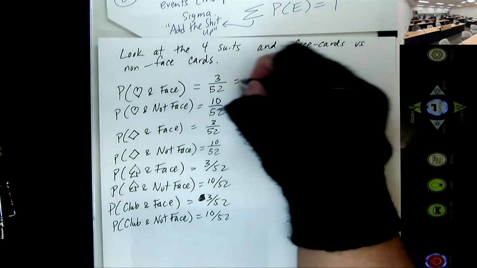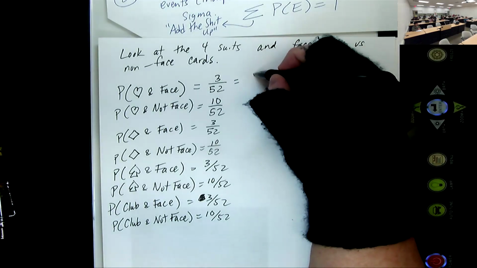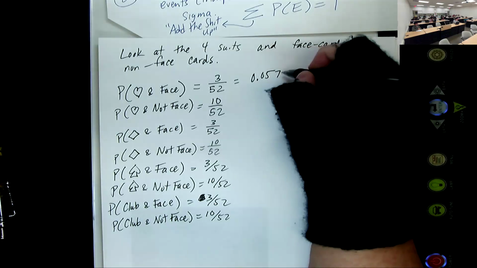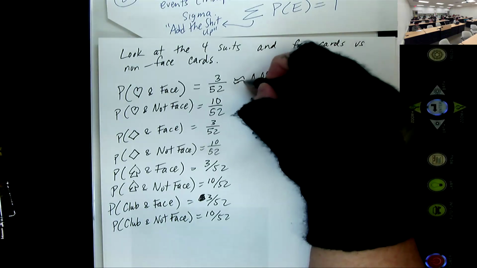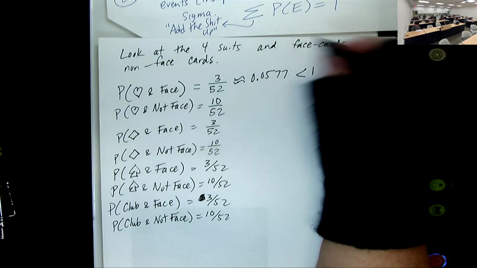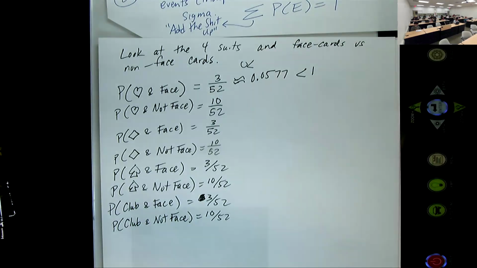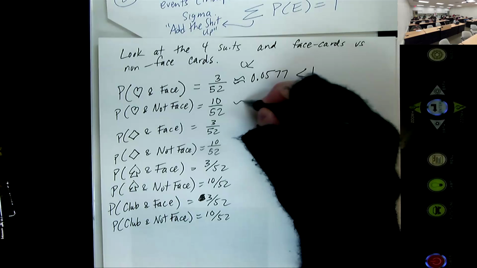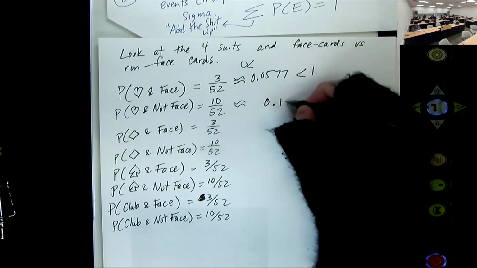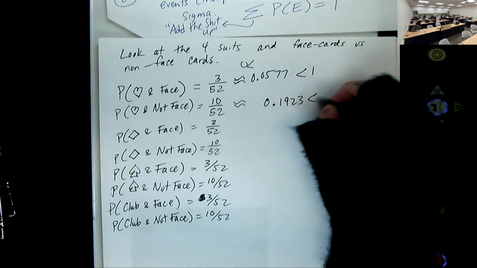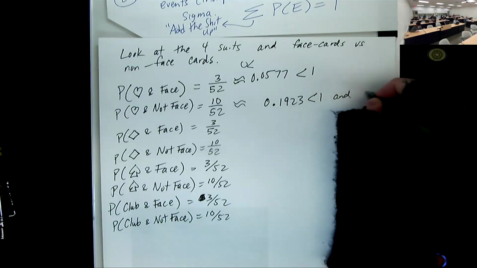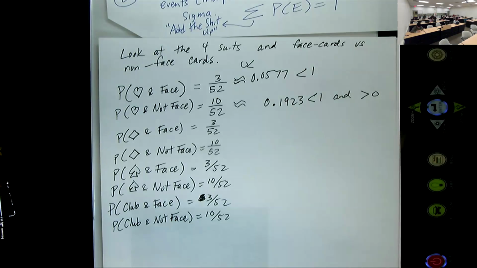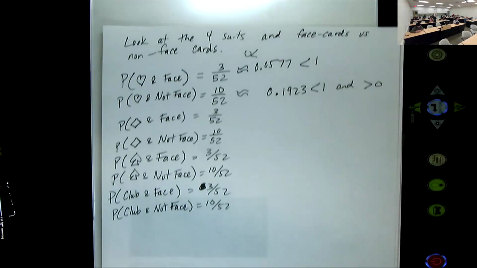The ones that are 3 out of 52 are 0.0577 approximately, which is less than 1 and greater than 0. 10 divided by 52 is approximately 0.1923, which is less than 1 and greater than 0. And since the other ones are 3 and 10, those are fine. They all have the same values. I'm not gonna write that out 8 more times.